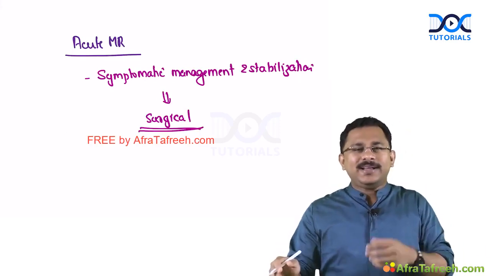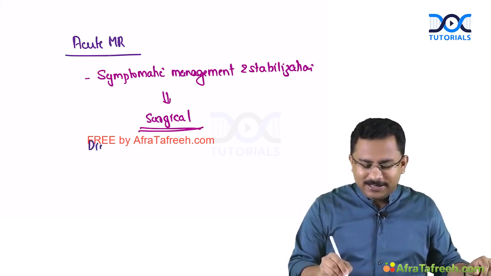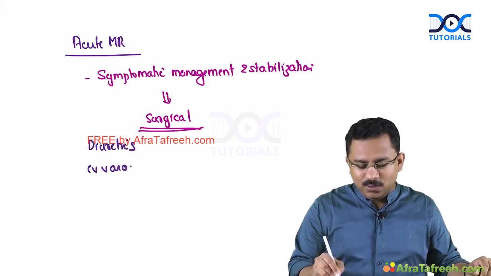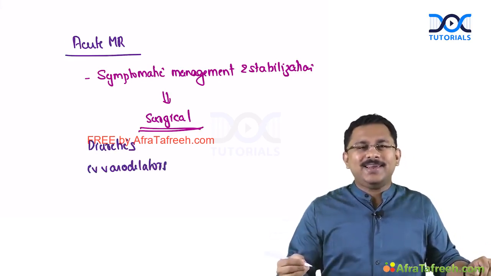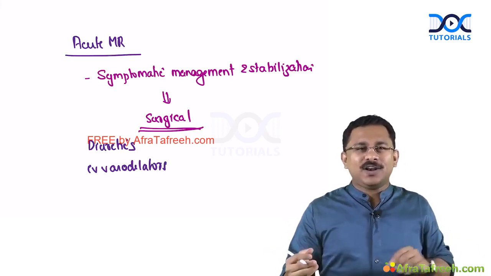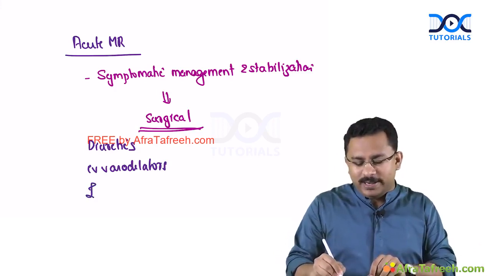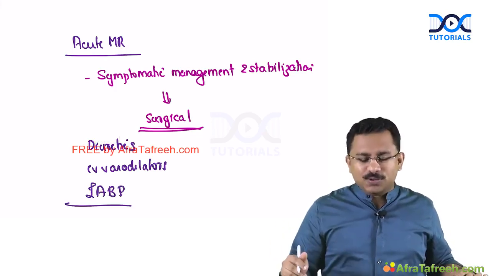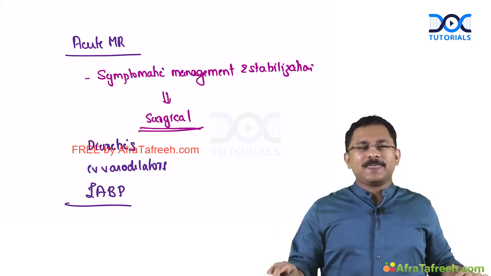You can give the patient diuretics, and intravenous vasodilators like sodium nitroprusside, which will help with afterload reduction, and maybe even mechanical support in the form of an intra-aortic balloon pump might be useful in the management of acute mitral regurgitation.